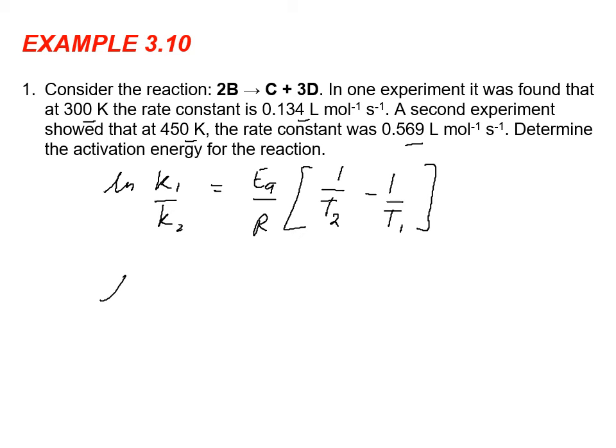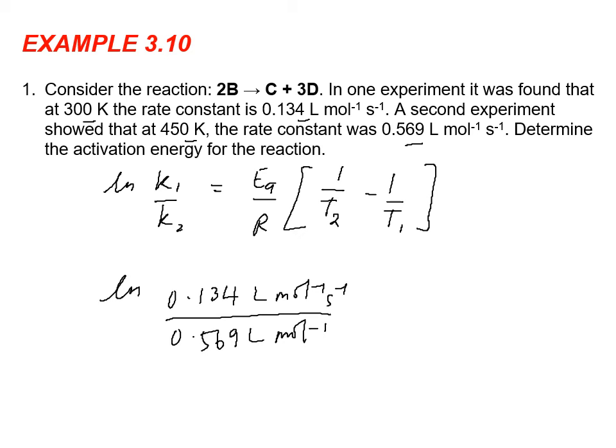It's going to be ln of 0.134 liter per mole per second, which is k1, over 0.569 liter per mole per second. We have to solve this first before we press ln, and then we want to find Ea. R is the energy constant, which is 8.314.